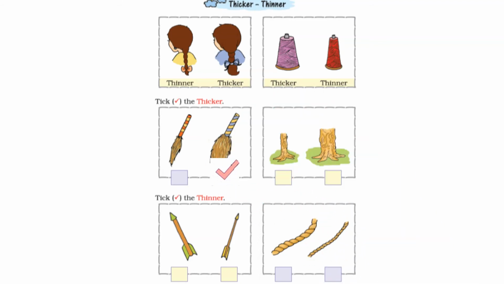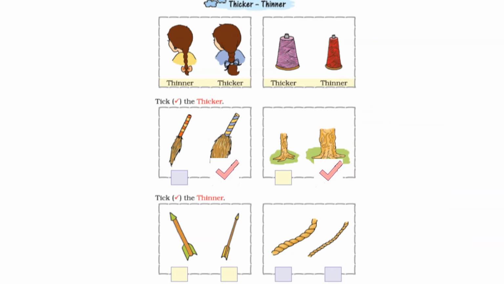Next, we are comparing the wood of two trees. One is thin and one is thick. So they have asked you the thicker one. Which is the thicker one? The right one is thicker, right? Okay. Which is the thinner one?